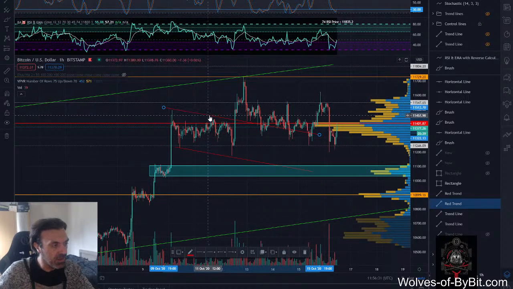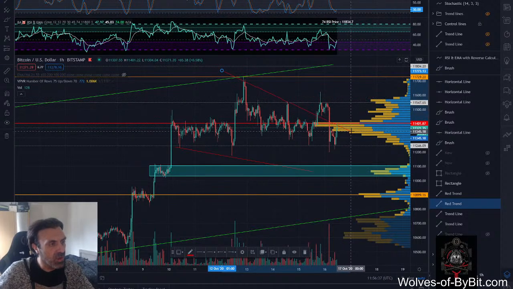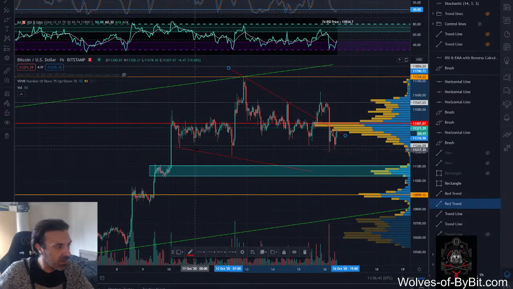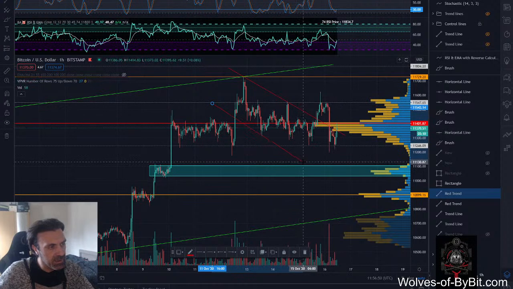So this one is not valid anymore, and we're just going to use this red trend line. We're not going to draw a new one, just to get back at the drawings that we had yesterday. I think we had something like this set up, if I'm not mistaken.